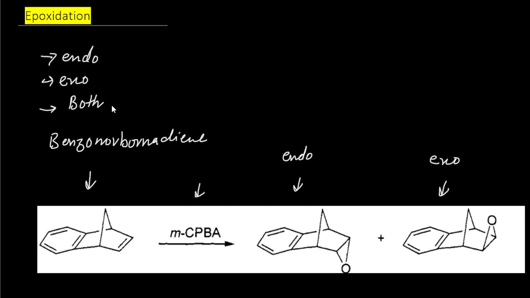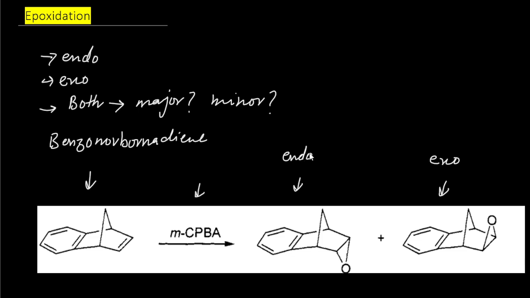If both of these isomers are formed, which is the major product and which is the minor product? In order to verify which isomer is formed in the major quantity and which in the minor quantity, we can do this by using NMR.